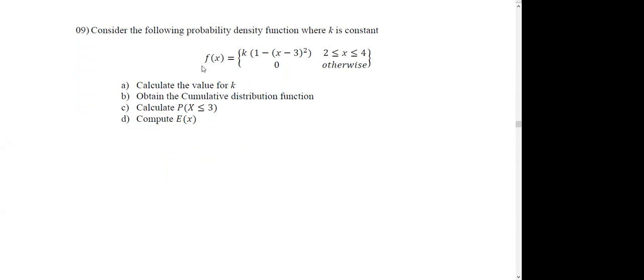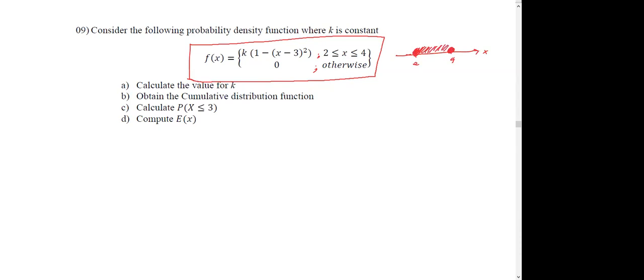We have been given a function right here, and they have mentioned the function has this value for this particular range of x, and another value otherwise. If I draw it, my x-axis is this. My 4 is here, 2 is here, including 4 and 2.